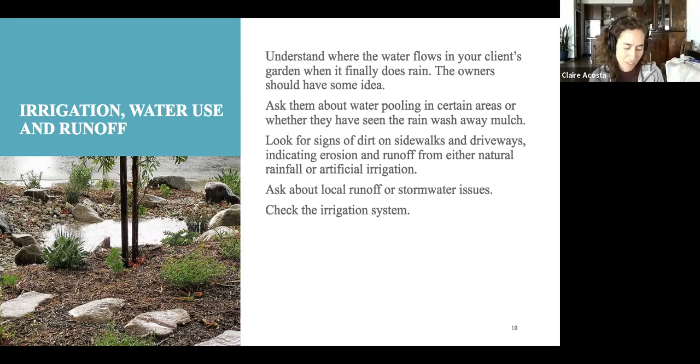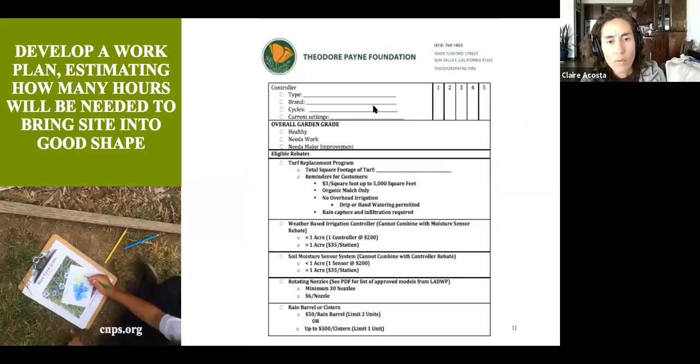You can see on your garden assessment, there's a section on the next page, page 137, for the type and controller and all those things. So check all of the stuff around irrigation and water. This is the controller section, and then you want to give it an overall garden grade, which we will talk about in a second.